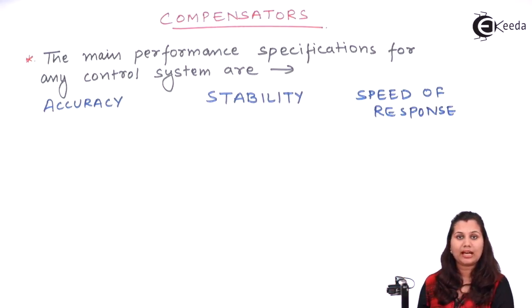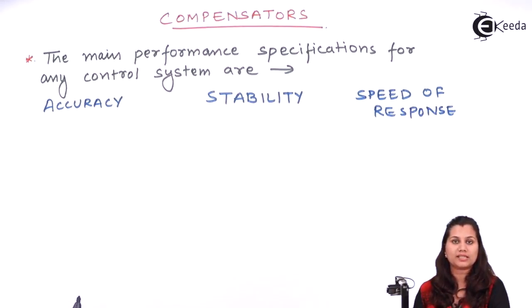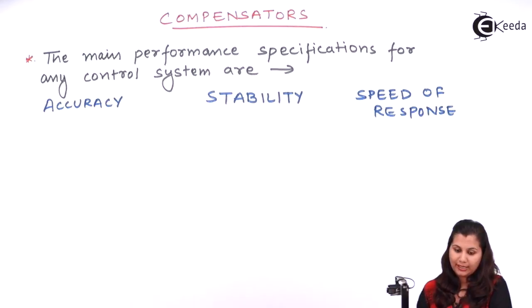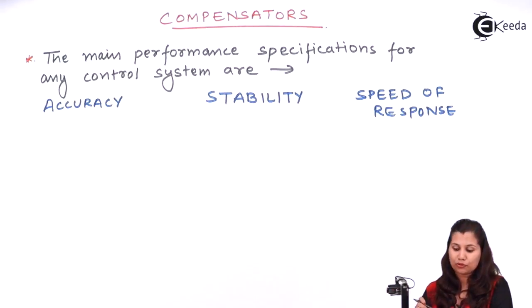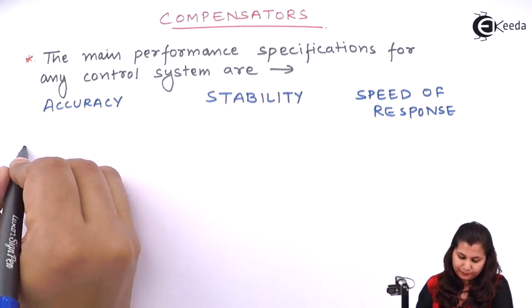Sometimes we have to compensate an unstable system to make it stable, or improve the stability of the system, so that overall our system meets these performance specifications.